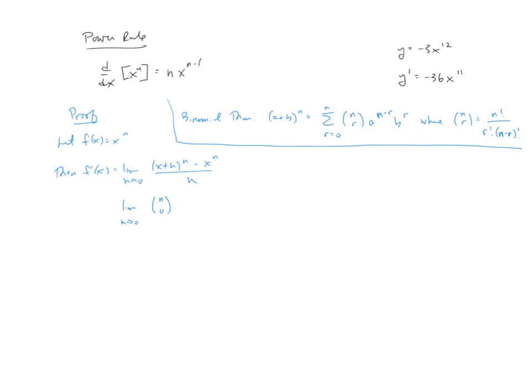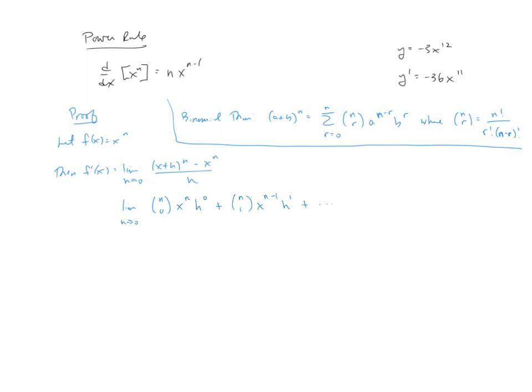Our first part, our a value, would be x raised to the n, times our b value of h raised to the 0. Plus, because it's a sum, n choose 1, x raised to the n minus 1, h raised to the first. And that would continue. Your next one would be n choose 2, x raised to the n minus 2, h to the second. So we're just filling in the blanks for the formula.